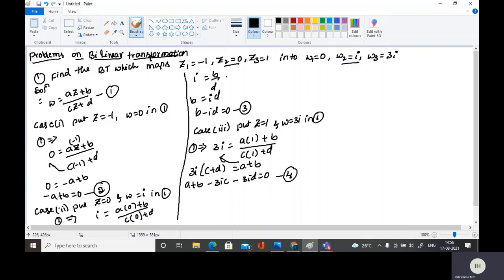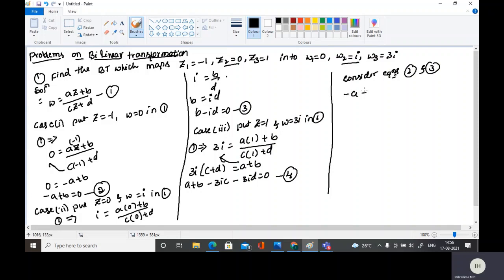So we can consider equation 2 and equation 3. Right? 2 and 3. See what we will get.